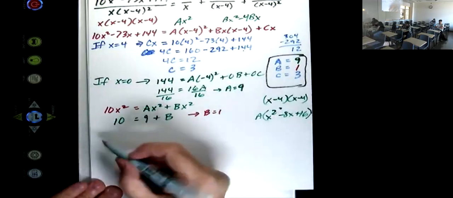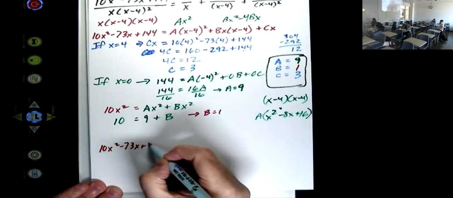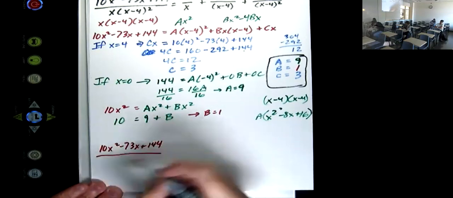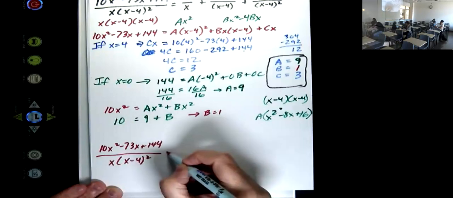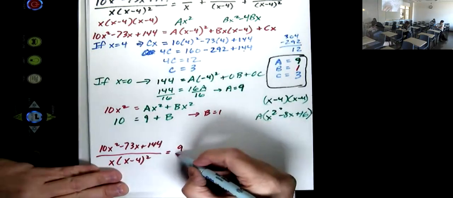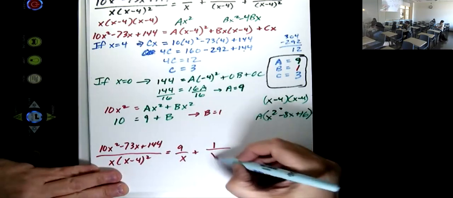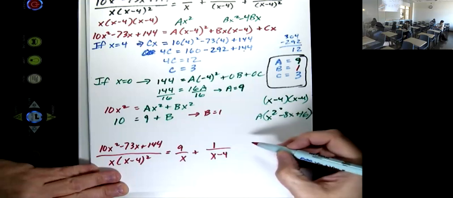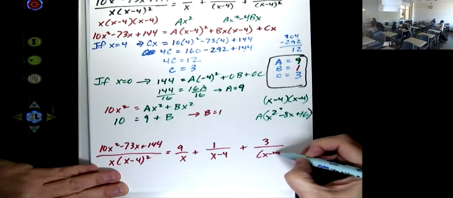So I can come down here and write all that stuff out. My A was 9, and that was just over x. My B was 1, and that was over x minus 4. And my C was 3, and that was over x minus 4 squared.